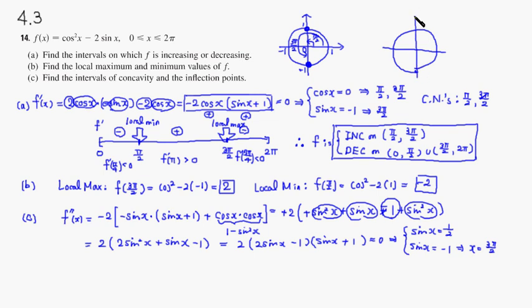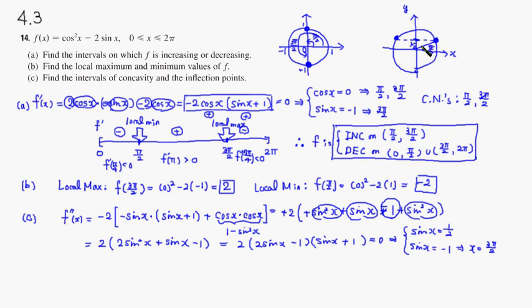Again, sine value represents the y coordinate of the point on the circle. So we want that to be 1/2. So here's 1/2. Then you have these two points here and there, right? The angle here is going to be 30 degrees, so it's pi over 6.